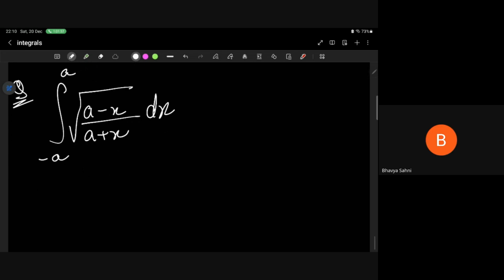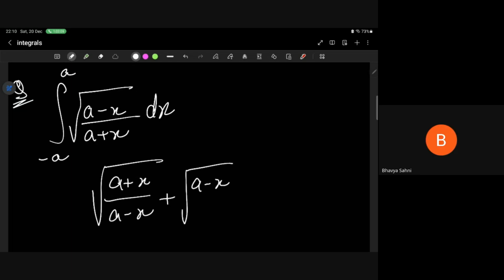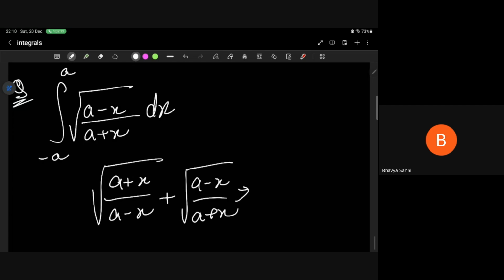After applying King's property, it will become a plus x upon a minus x, correct? And if we add both of them, it will become a plus x whole square, which is a plus x plus a minus x, upon root of a square minus x square, correct?